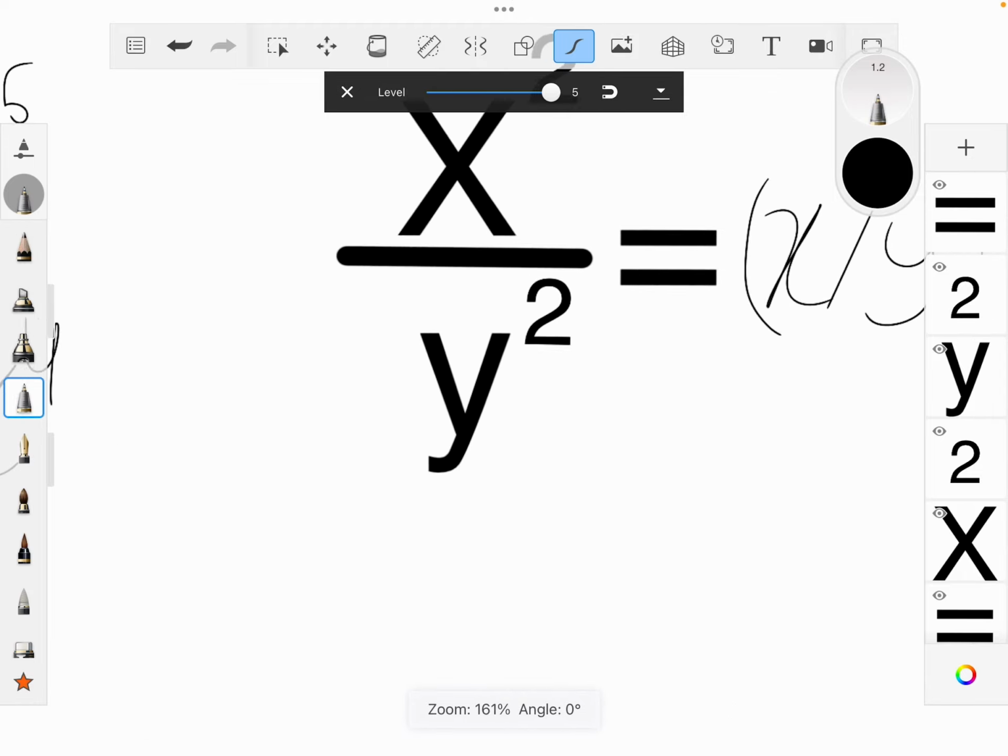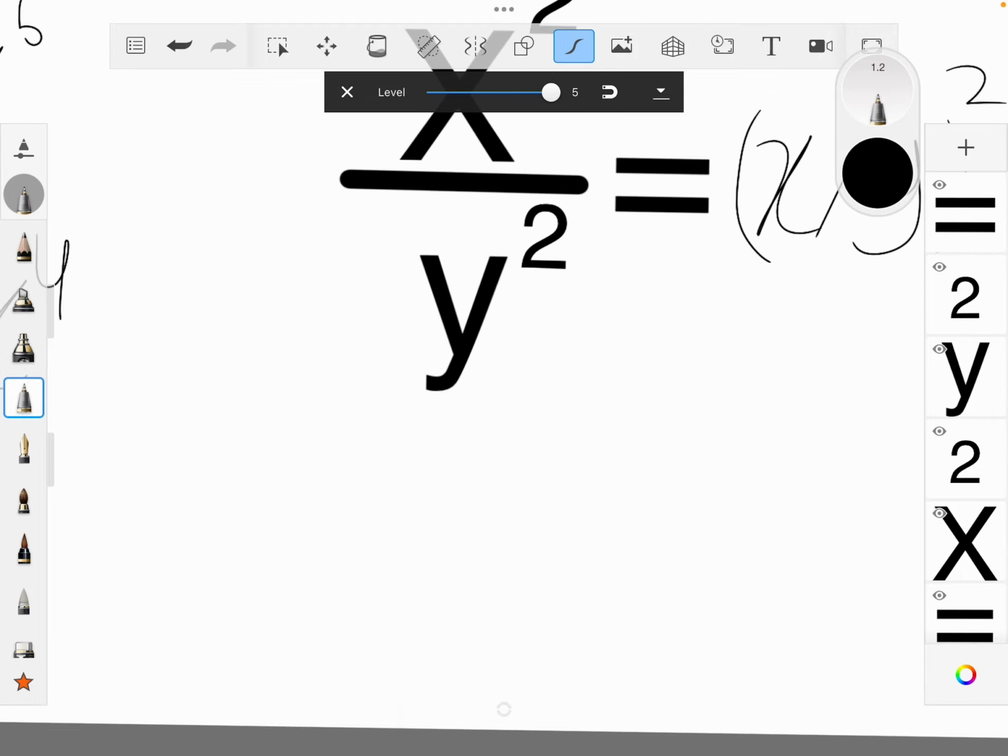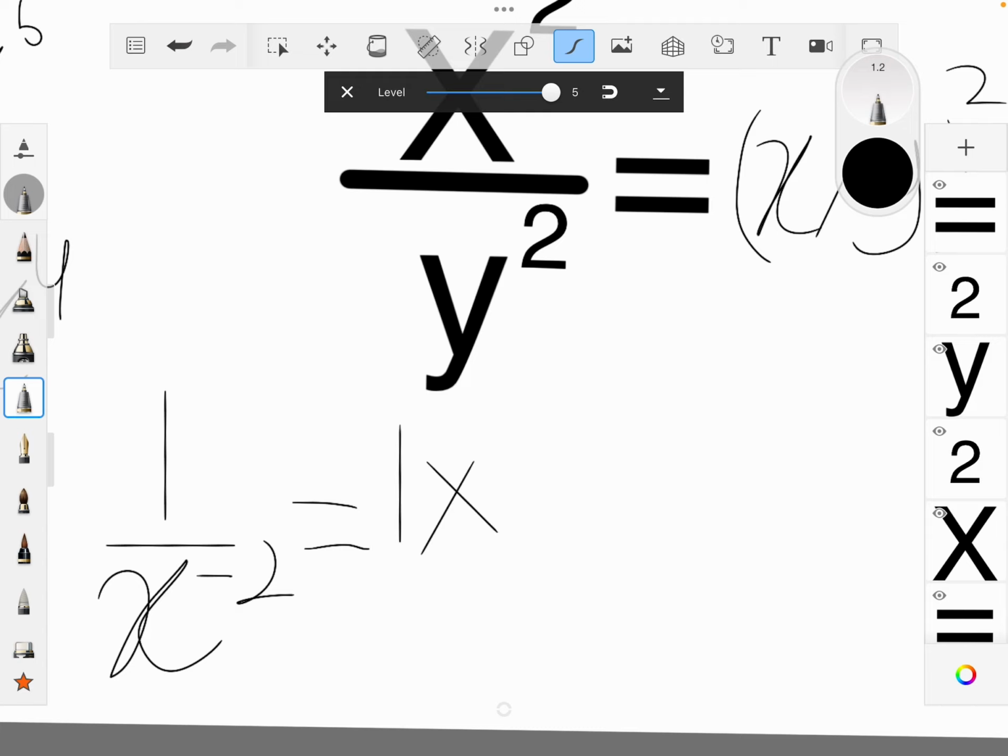Now, I know I didn't write this one out, but this one is very important. What would you do if you have something like x to the power of -2? I encourage you to pause and think about it. Assuming that you've paused the video, the answer to this would be 1 times x to the power of 2 over 1.